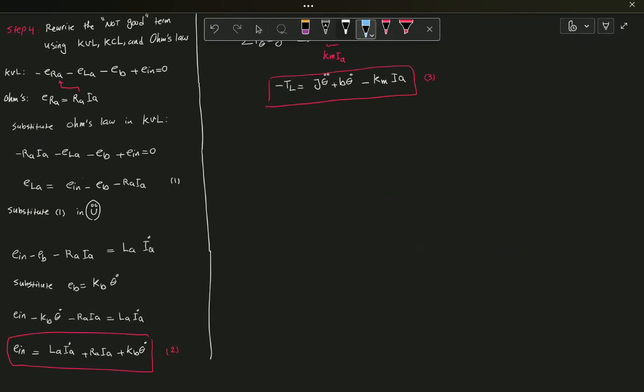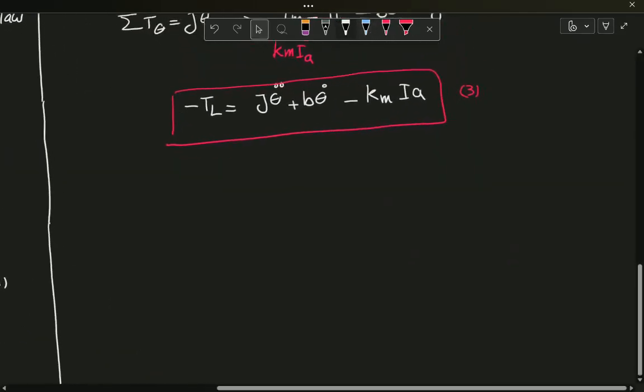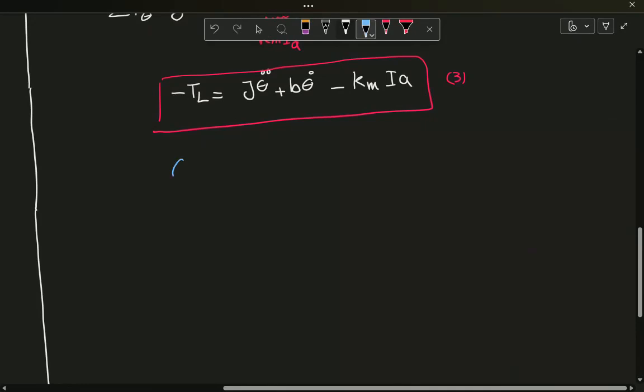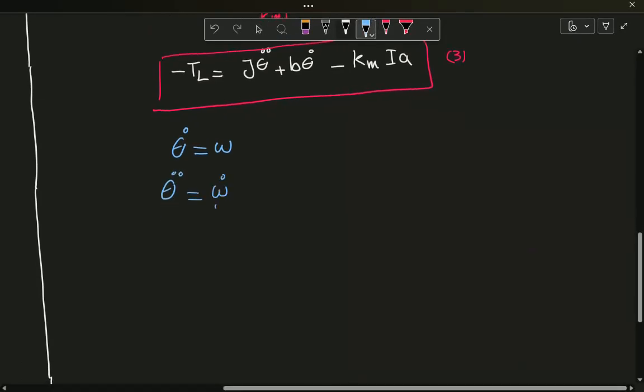However, in equation 3, there is another option. If you assume that your theta dot is omega, then theta double dot would be omega dot. With these assumptions, you can rewrite equation 3 as negative TL equals J omega dot plus B omega minus Km IA.